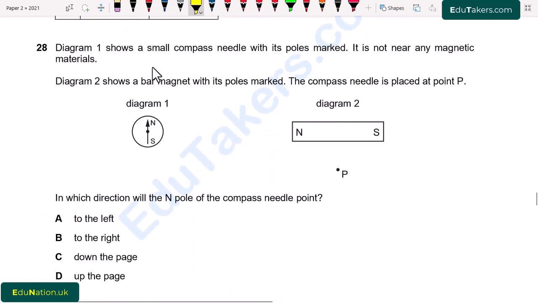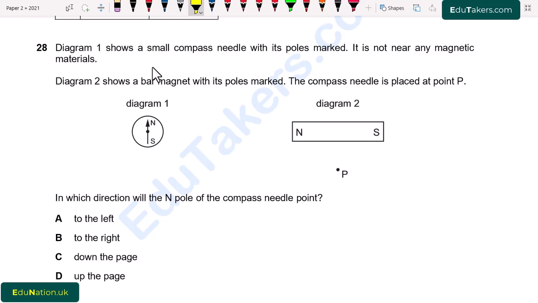Question number 28. Diagram 1 shows a small compass needle with its poles marked. It is not near any magnetic materials.